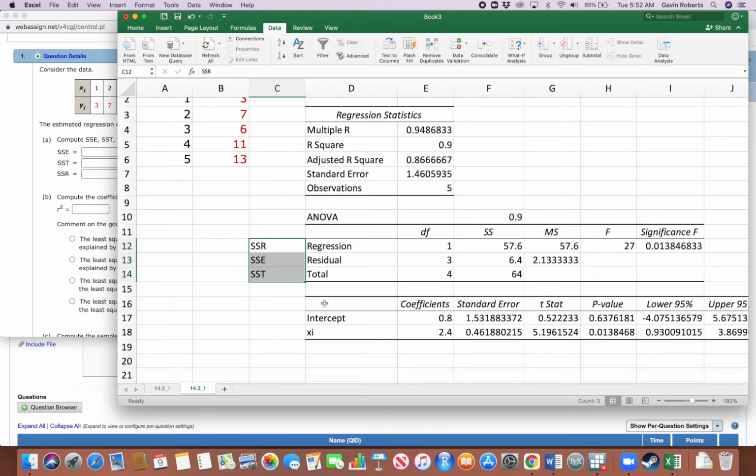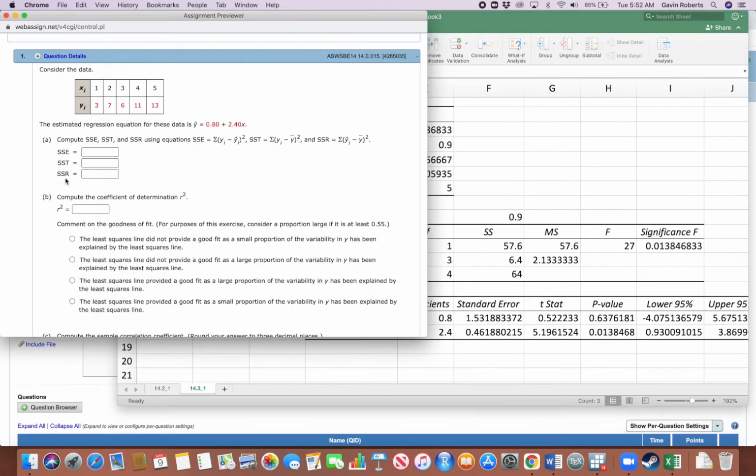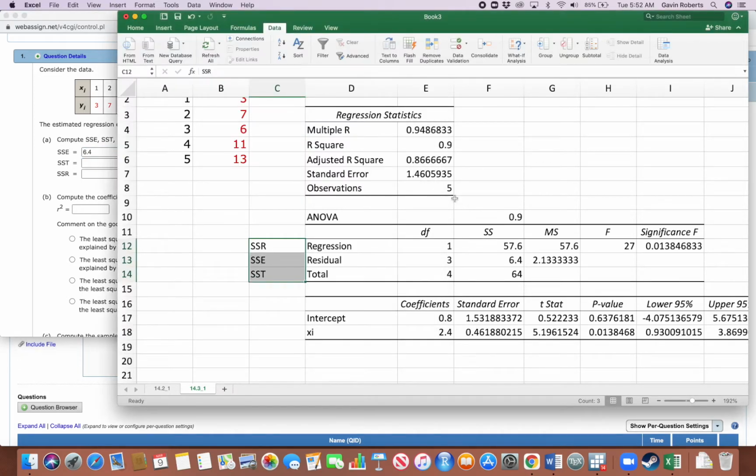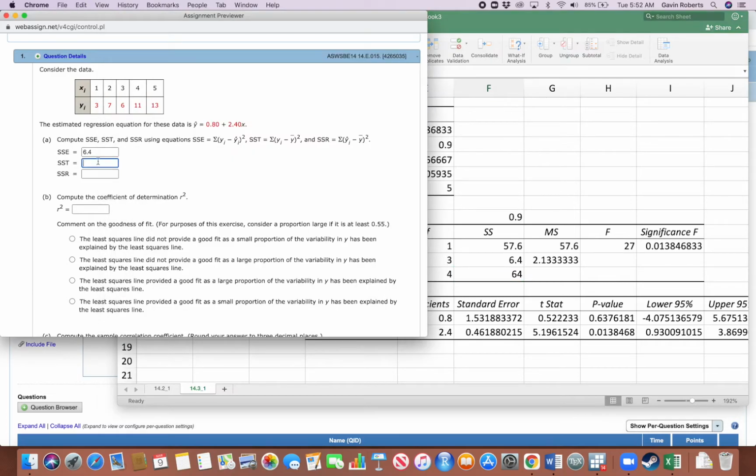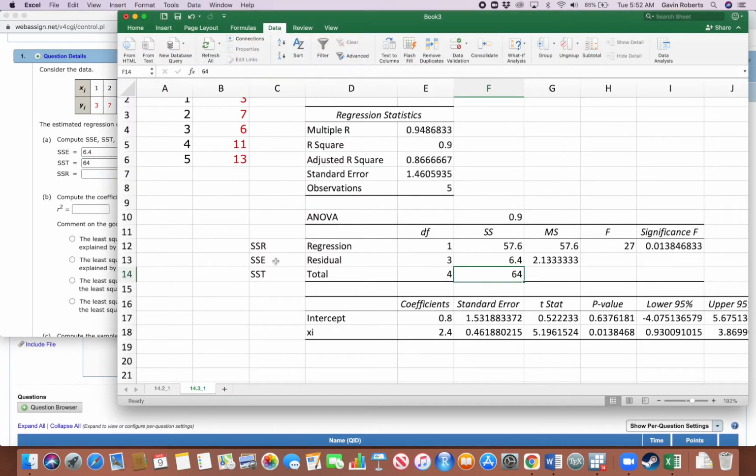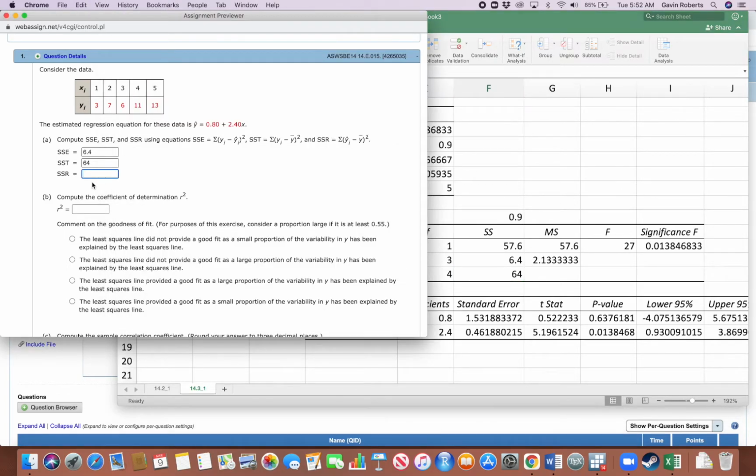This order will always be the same. So if you watch this video, you'll be good to go because I just labeled them for you. SSE is the first one they want. That's 6.4. SST is 64. SSR is 57.6.